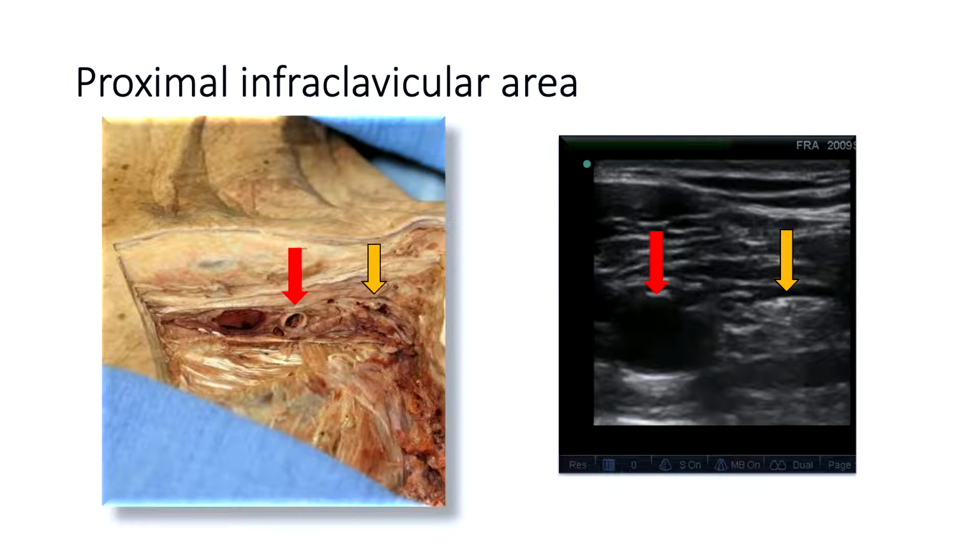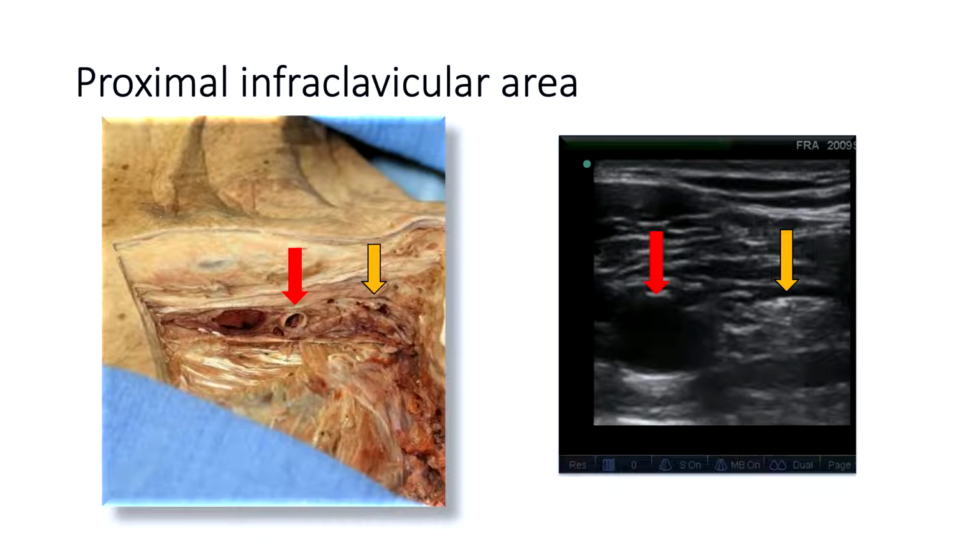Notice that for the infraclavicular, the main indication would be to put a catheter in the upper extremity, other than a catheter for the shoulder, because the supraclavicular, although it would be good, is just too superficial, too flimsy, too easy to accidentally dislodge.